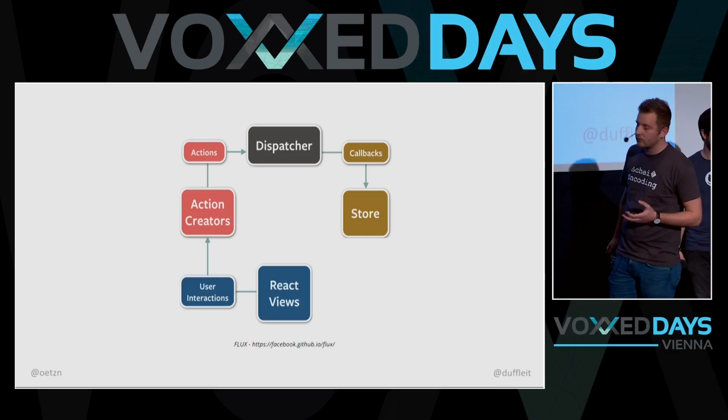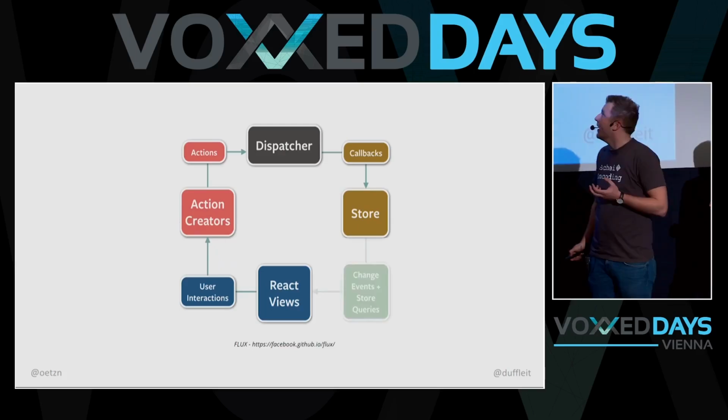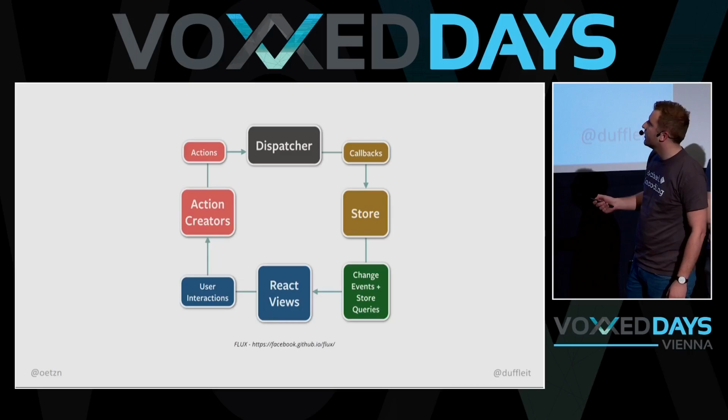And every time the state in the store changes, all views which depend on the state are automatically getting re-rendered. What we can see here is that only this re-rendering part is actually performed by React. All the rest is implemented by Redux.